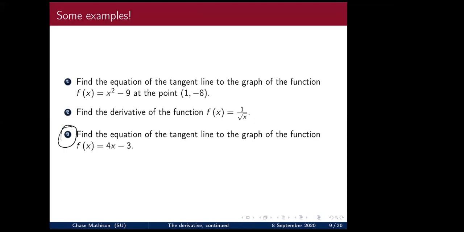All right, so I want to find the equation of the tangent line to the graph of the function f of x equals 4x minus 3. Oh, I forgot to give you a point. At the point 1, comma 1. Okay, well, in order to get the equation of a line, what 2 things do I need?